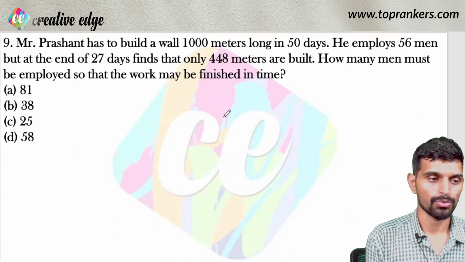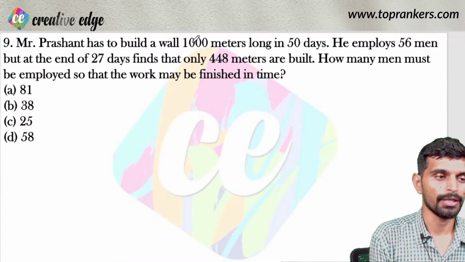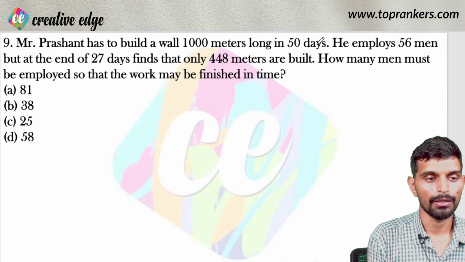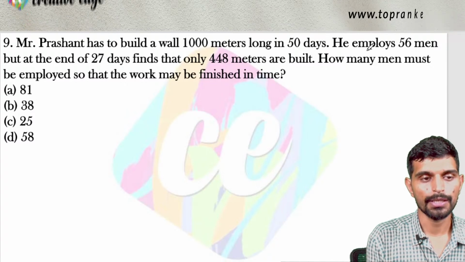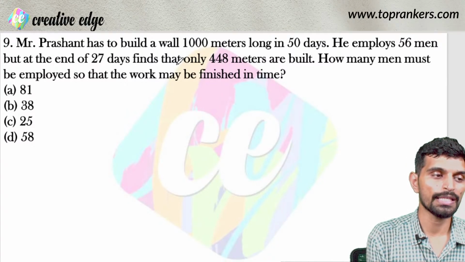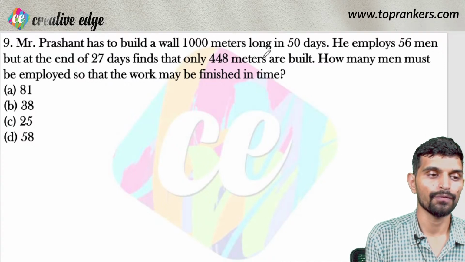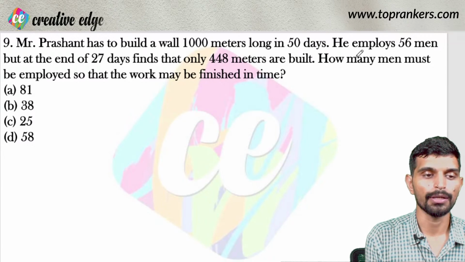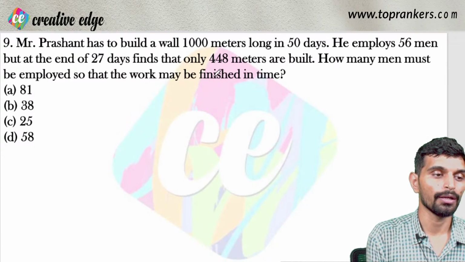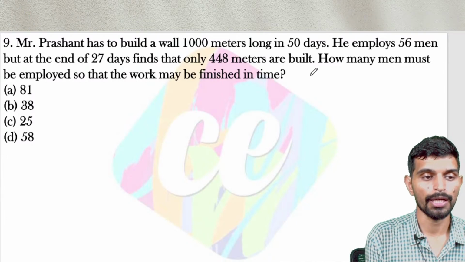Let's talk about the next question. Mr. Prashant has to build a 1000-meter wall in 50 days. He employs 56 men, but at the end of 27 days, he finds that only 448 meters are built. How many men must be employed so that the work may be finished in time?